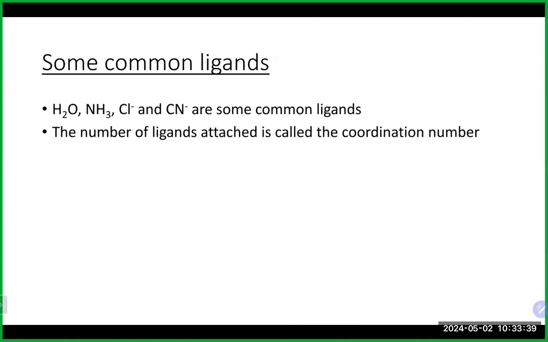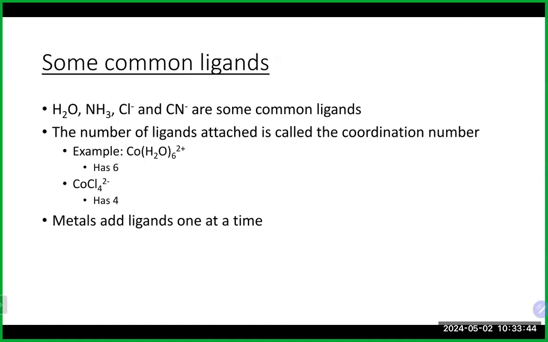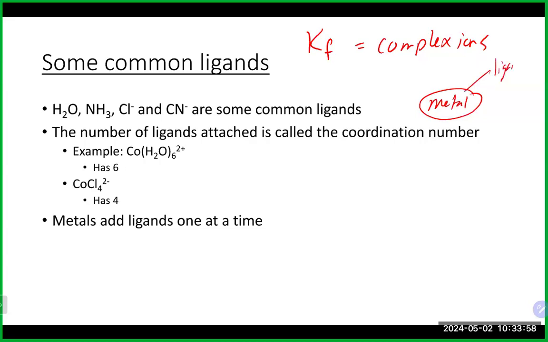So last time we got into KF, and a reminder that KF is the equilibrium constant really for complex ions. And complex ions are usually a metal, a lot of times a transition metal in the middle, connected to a bunch of ligands.